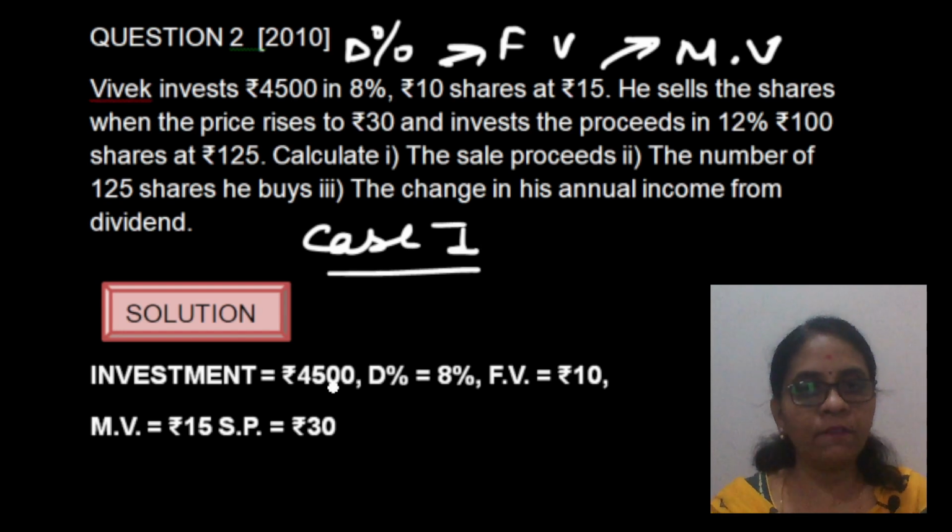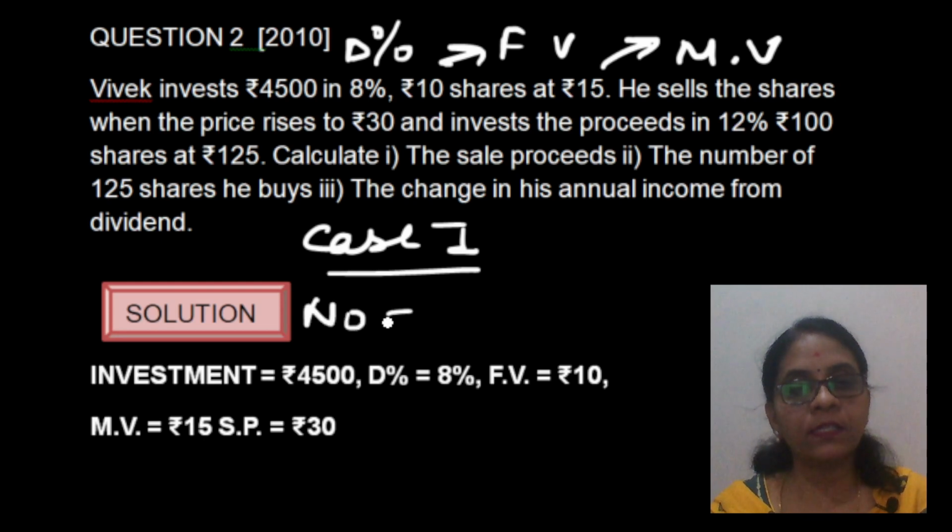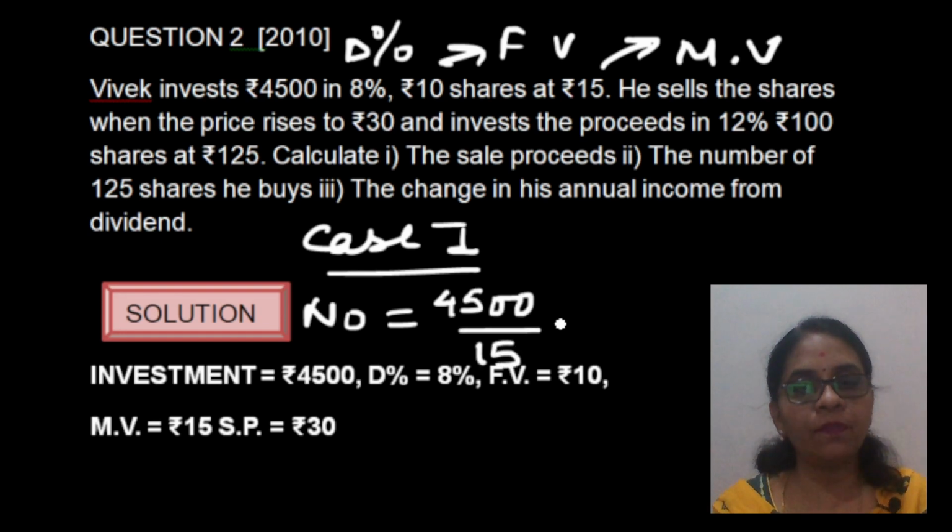For case 1, investment is 4,500, D percent is 8%, FV is 10 and MV is 15. So what will be the number of shares? Children, tell me, what will be the number of shares? Number of shares is investment by market value, which is 4,500 by 15.